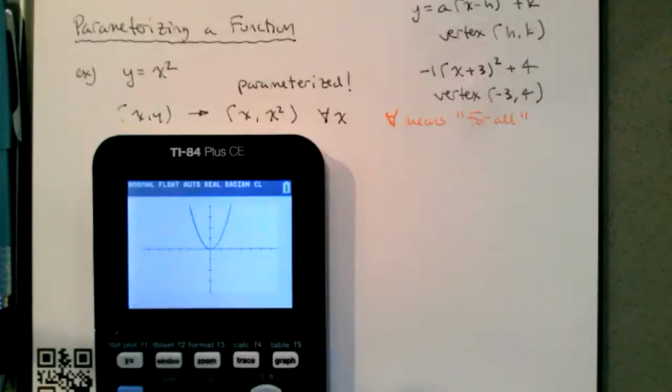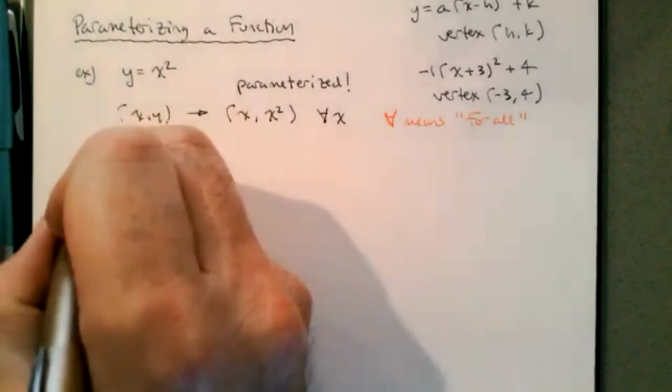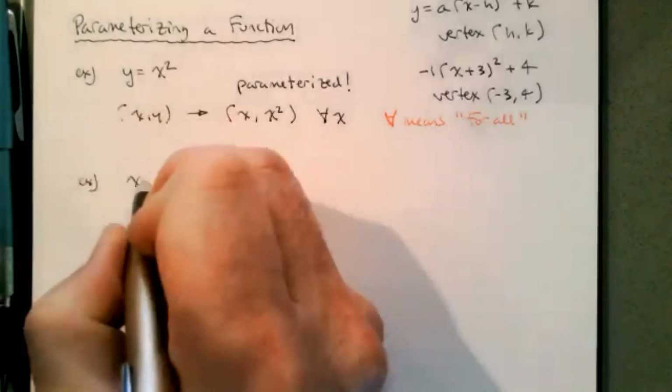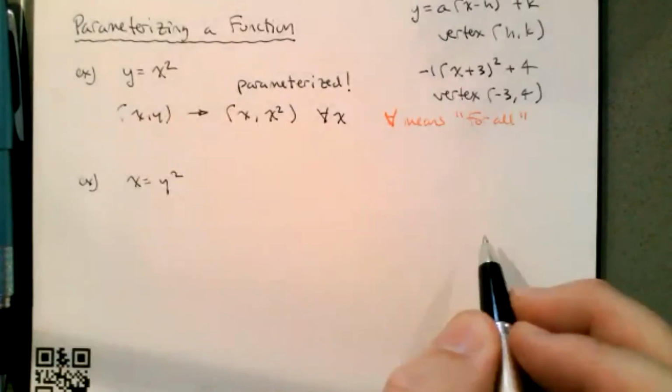So it's easy to parameterize a function. If y is a function of x, you just let x be t, and then y can be the function of t. If x is a function of y, then we would just do the same thing. For example, if our function says x equals y squared, that's going to be a sideways parabola.